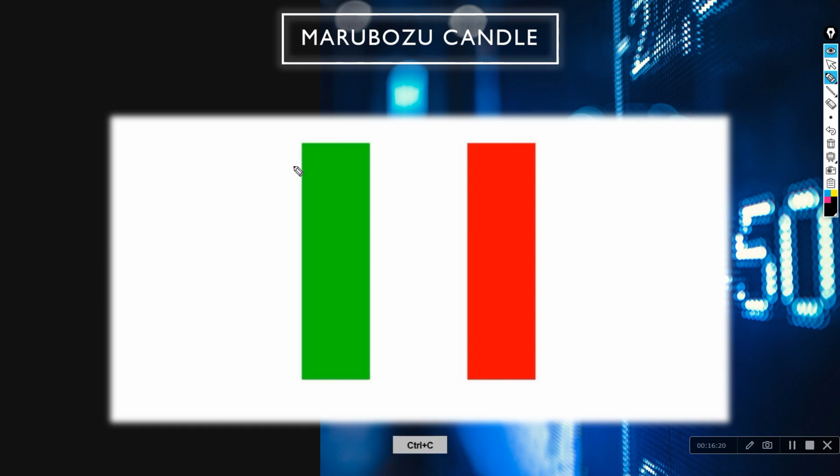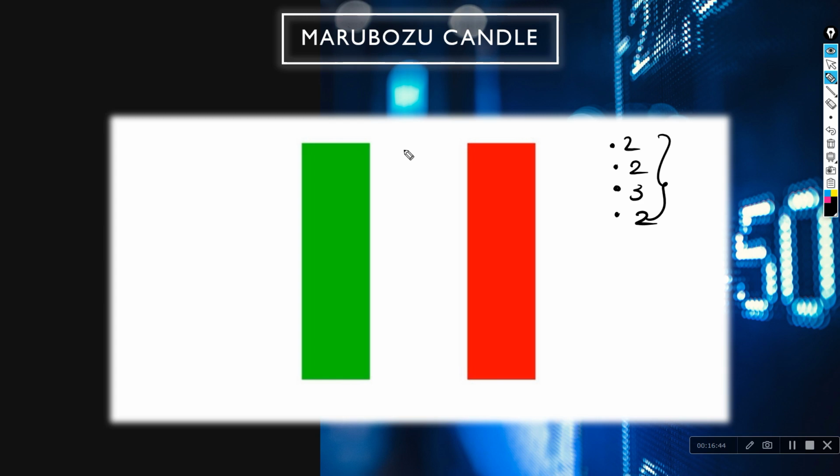I hope you got some idea about the different types of candles. Just to summarize, we saw two hammer candles, two engulfing candles, three doji, and two marubozu candles, which comes up to nine. So we saw nine candles, and these are very powerful and interesting candles.